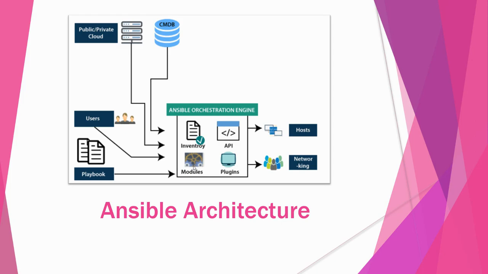Let us take an example: an Apache httpd.conf configuration file. You want to copy this configuration file from the master node to all the slave nodes because you have made certain changes in the master node, and you want to apply these changes in all the required slave nodes.